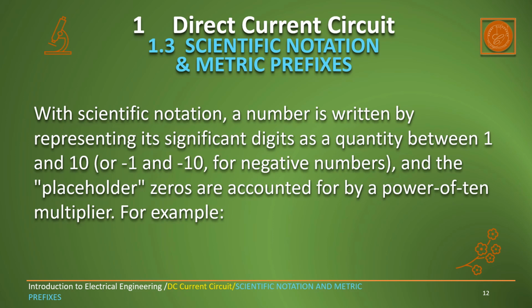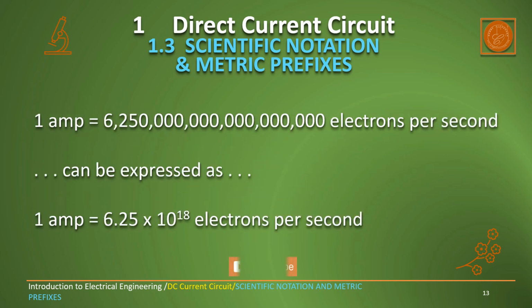For example, 1 amp equals 625 followed by many zeros electrons per second. We can express it as 1 amp equals 6.25 times 10 to the power 18 electrons per second.